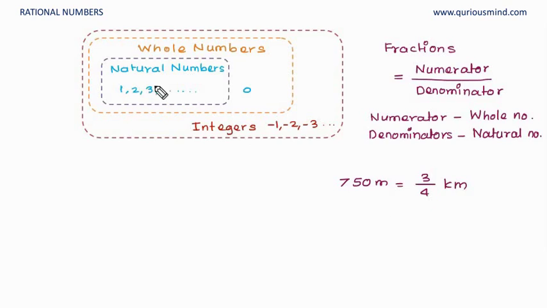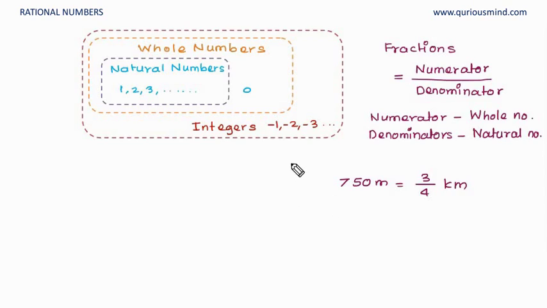It was not whole. And we know with integers we were able to show the distances below sea level or temperatures below 0 degrees. But with these numbers we could not show temperatures which were fractional but below 0 degrees, or the distances which were fractional but below sea level.